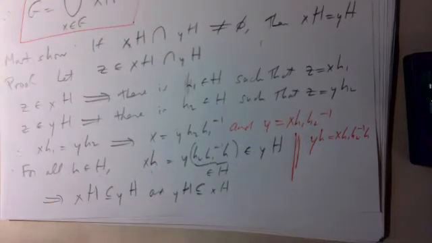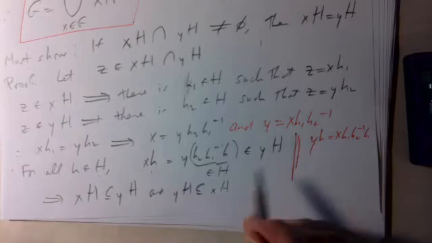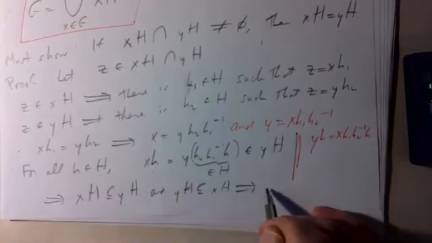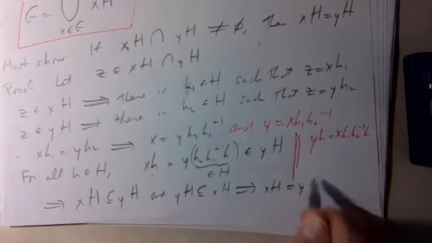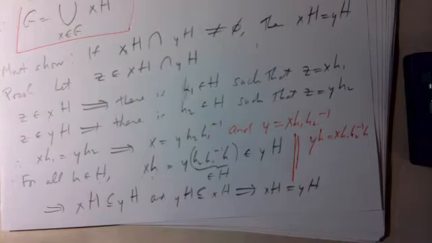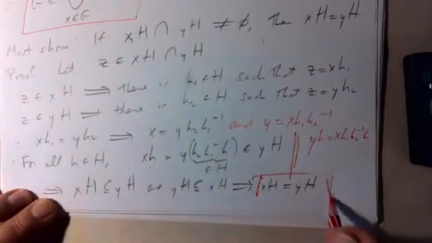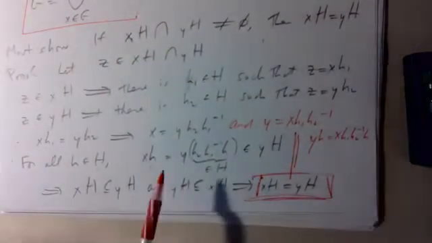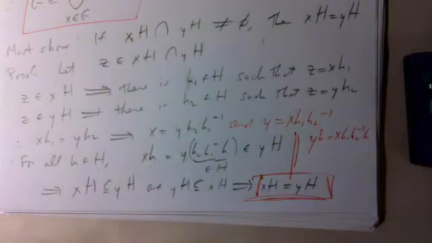And the definition of two sets being equal is that each is contained in the other. So XH equals YH. So if two cosets are not disjoint, if they have an element in common, then in fact they're equal.